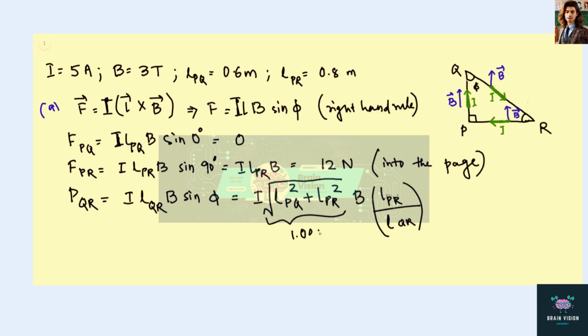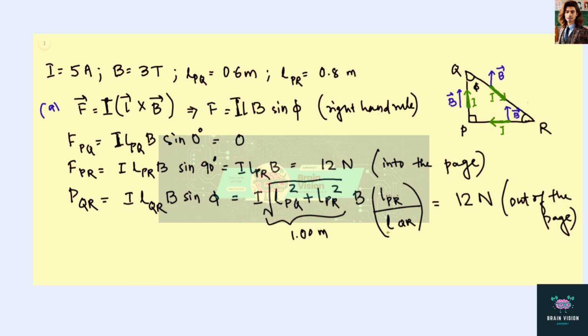So this will be 0.8 over 1 meter, and we find the force to be 12 Newton in this case. But the direction is going to be out of the page. We don't need to find QR explicitly because these just cancel out ultimately.